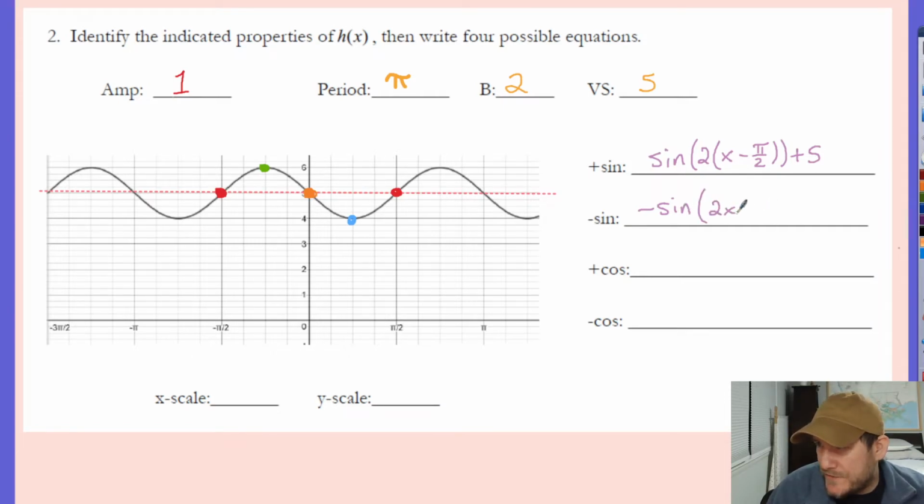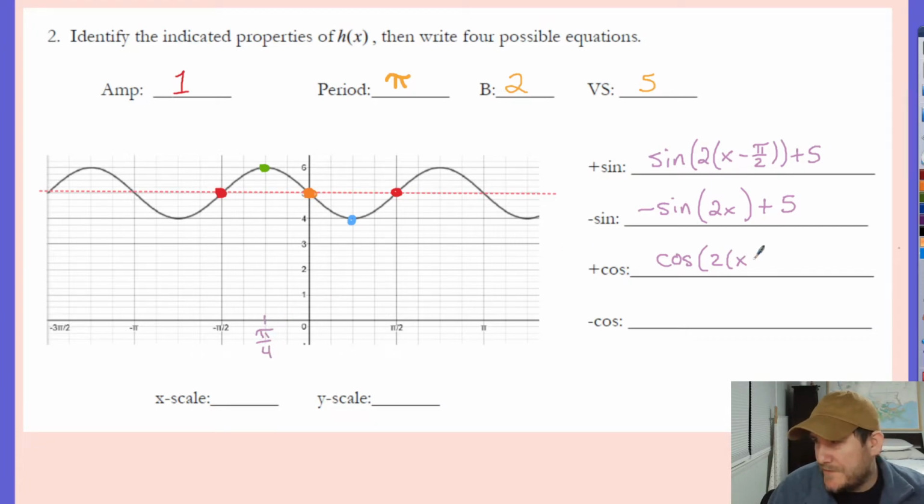2x. Since there's no phase shift for this guy, you're not going to open another set of parentheses or nothing like that. You'll just go ahead and simplify that. And then it's plus 5. Let's go just cosine, 2x. Positive cosine's this guy at the max. This must be pi over 4.